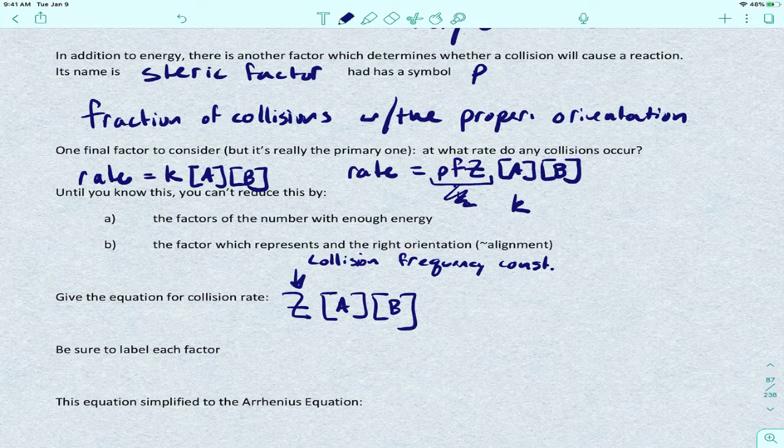We see that the rate constant k was equal to the steric factor times the fraction times the collision frequency constant. So we're cool on that.